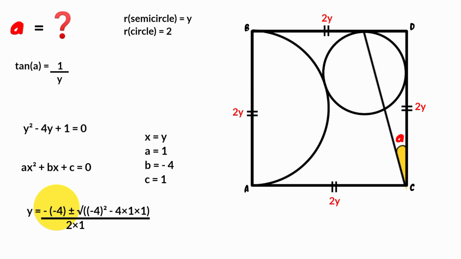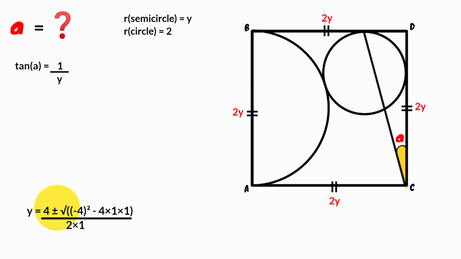Minus minus 4 is plus 4. Minus 4 all squared is plus 16. Minus 4 times 1 is minus 4. 16 minus 4 is 12. 12 is 4 times 3. The square root of 4 times 3 is 2 root 3. 2 times 1 is 2.